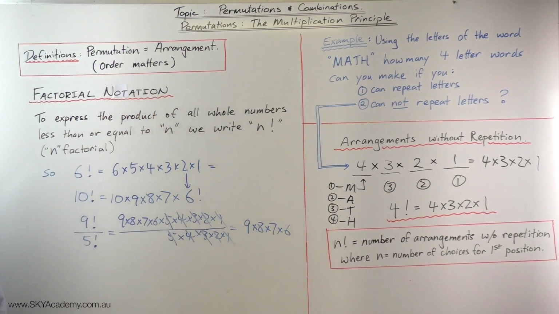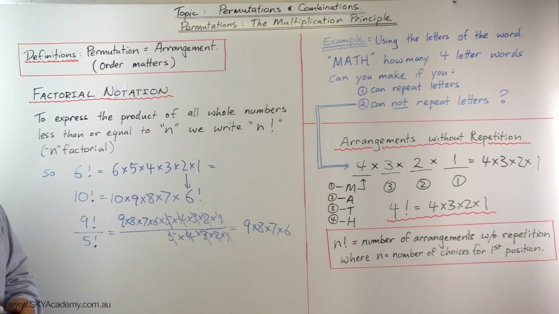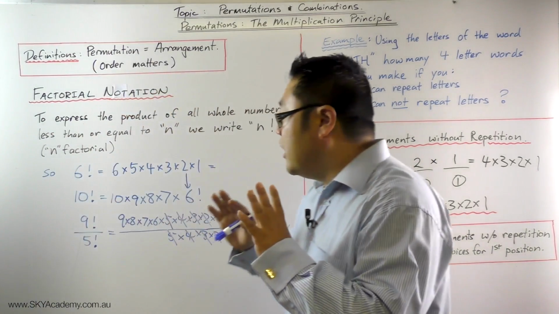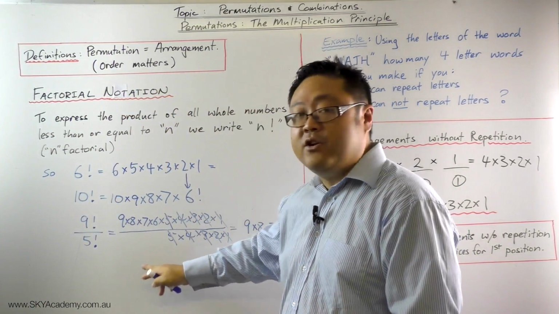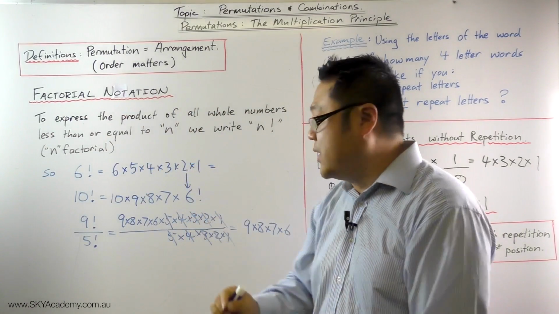Got it? So 9 factorial over 5 factorial ends up being the product of all the numbers from 9 to the number just above 5. Got it? So, I'll just do one more example and I'll end off here because this will set us up nicely for the very next episode.